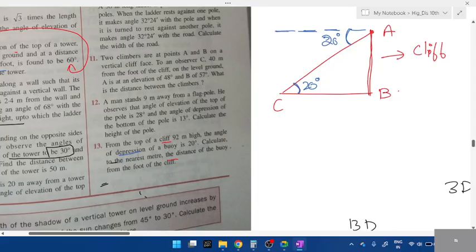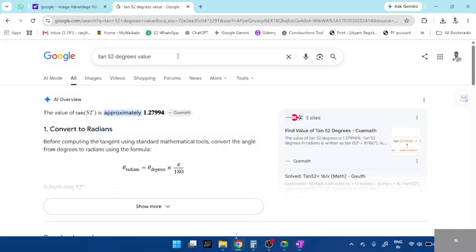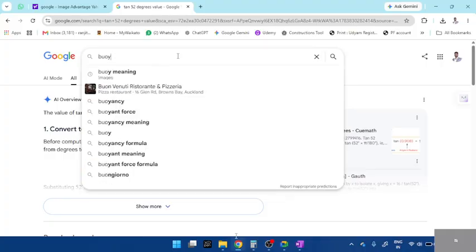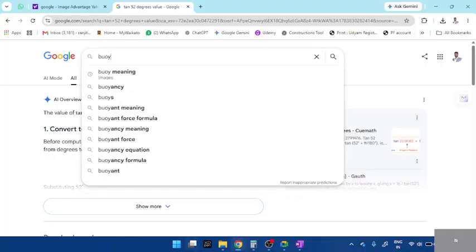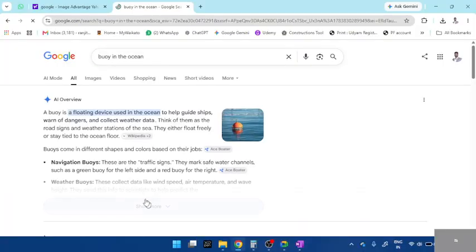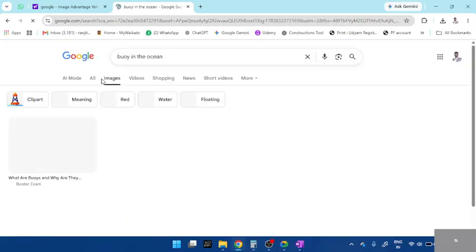Buoy is nothing but a lightweight kind of thing in the sea. You get it in seas. That is for the sailing. For reference, they use this buoy.